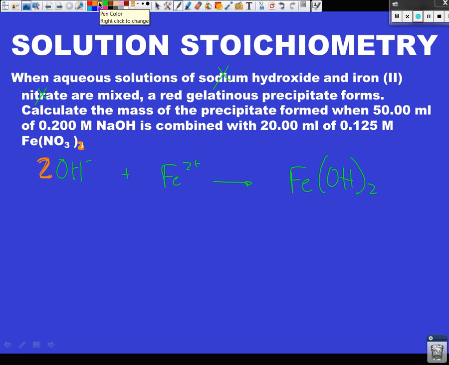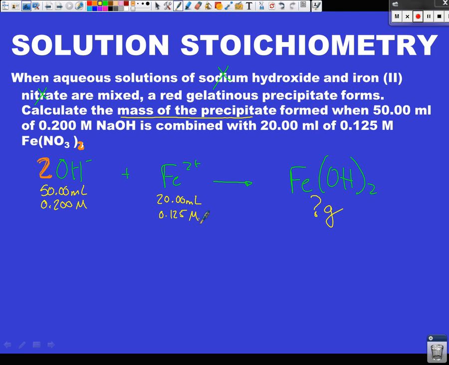So, what is the question? We need to know the mass of the precipitate. So, we're trying to get to that. That's my question. Now, we've got to look at the data we have been given. So, we've been given 50.00 mils of a 0.200 molar solution of the hydroxide and then 20.00 mils of a 0.125 molar solution of that.